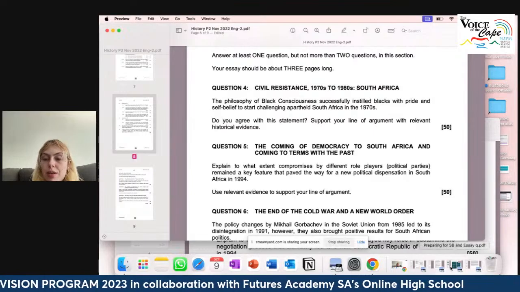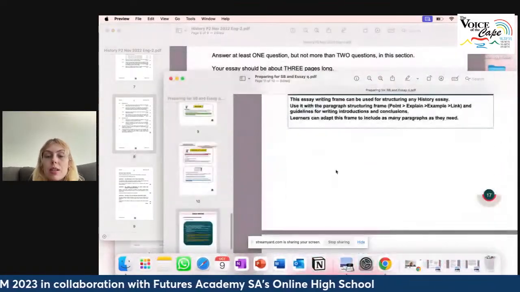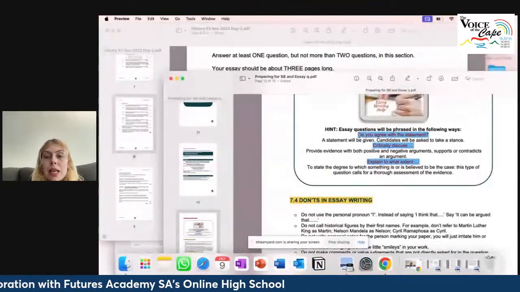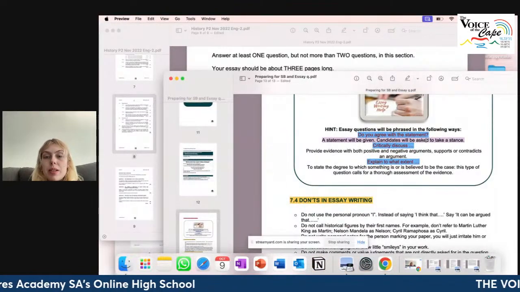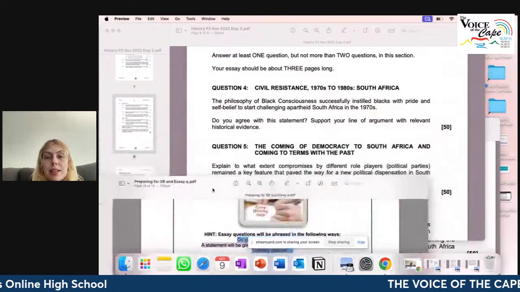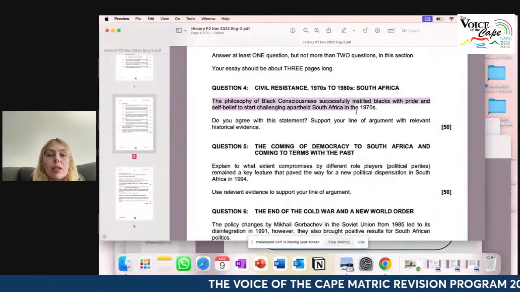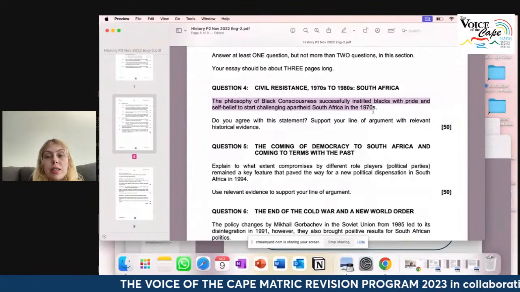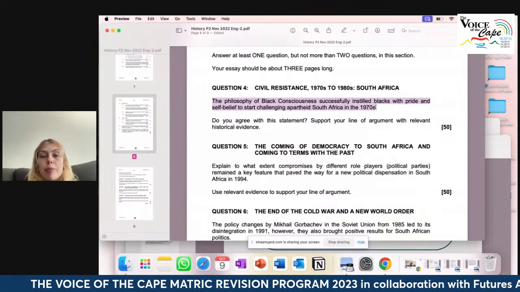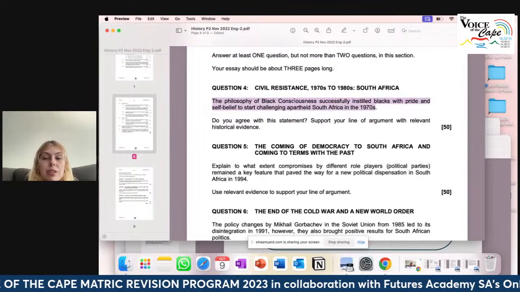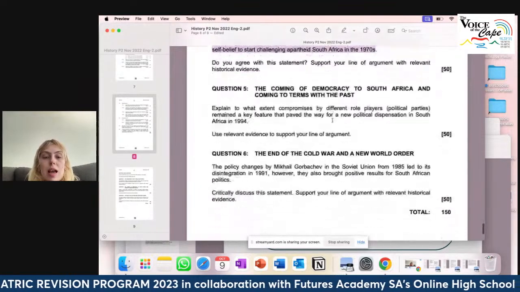So, remember what we said with essay questions? A statement will be given and candidates will be asked to take a stance in a response. You will say either that the philosophy successfully instilled Black people with pride and self-belief, or that it did not. You have to state your stance.